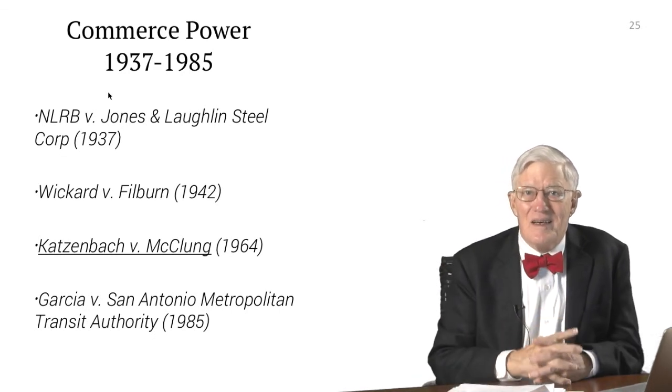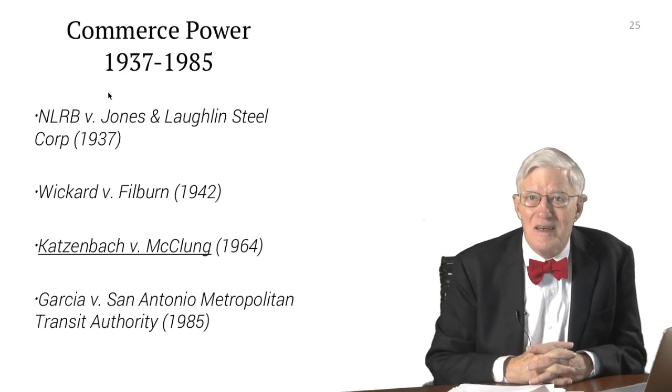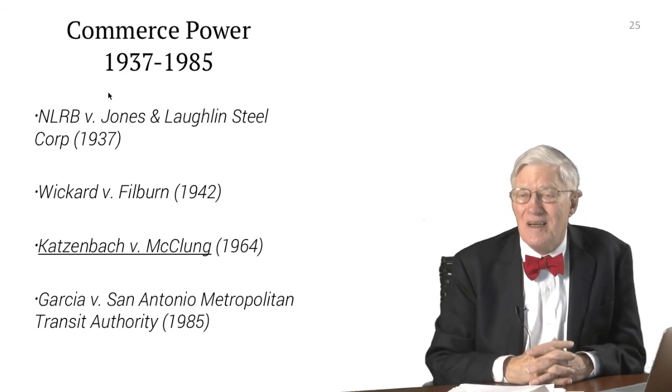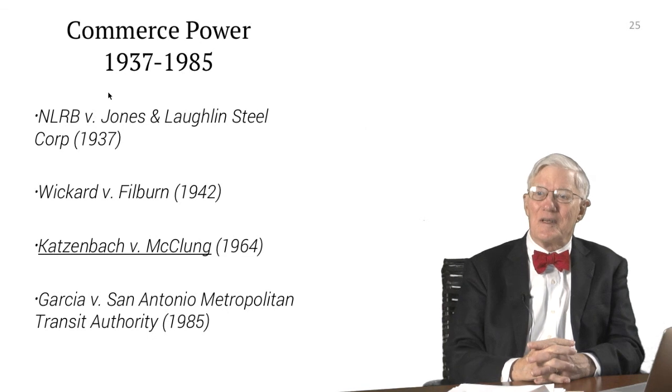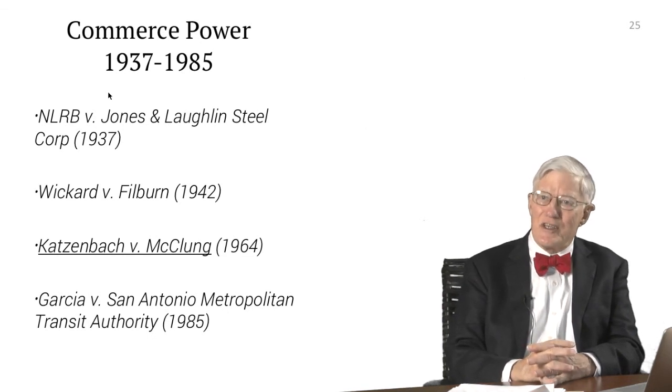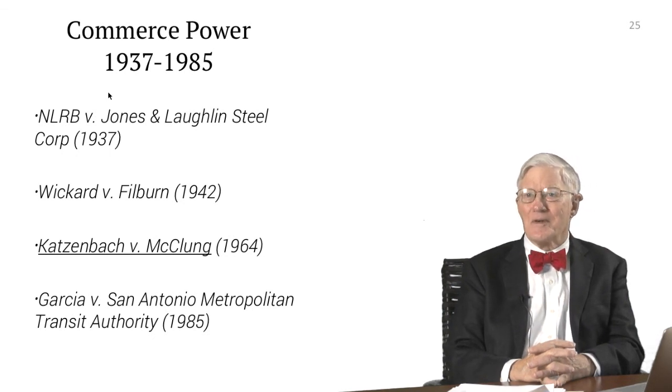And then Katzenbach versus McClung in 1964 dealt with the public accommodations provision in the Civil Rights Act. And here we dealt with a restaurant that did not cater to interstate commerce.